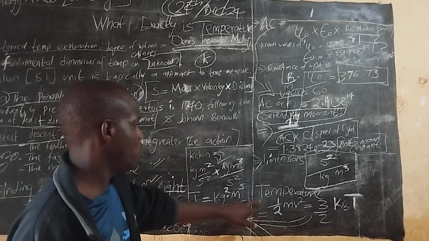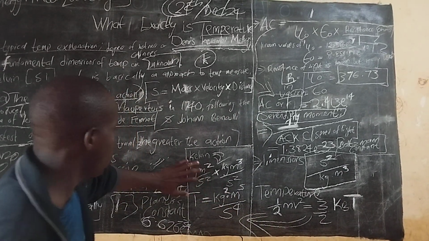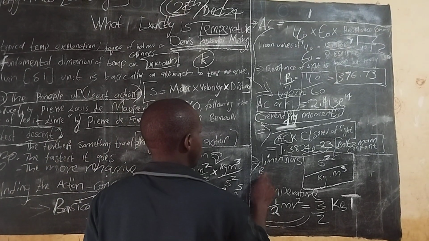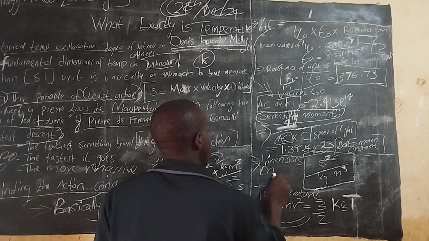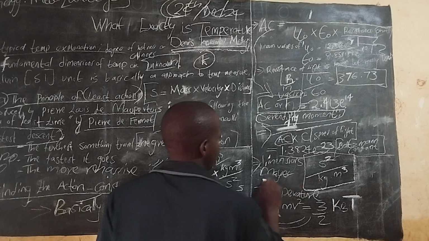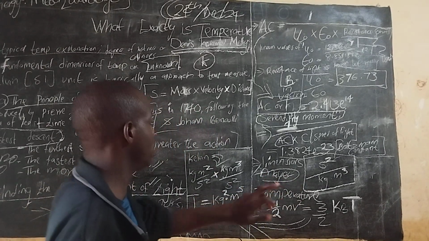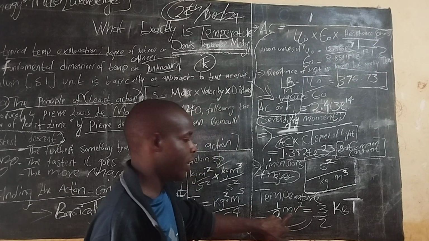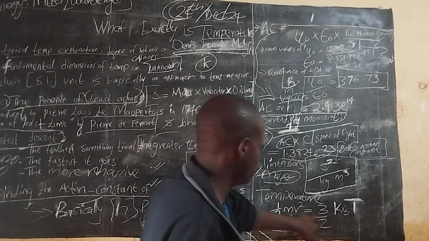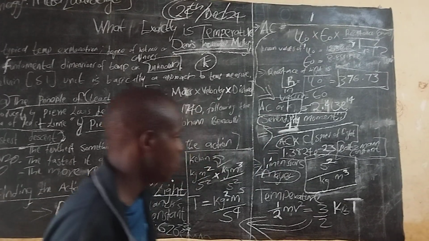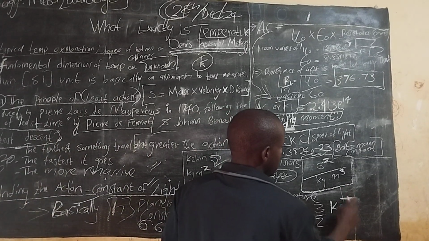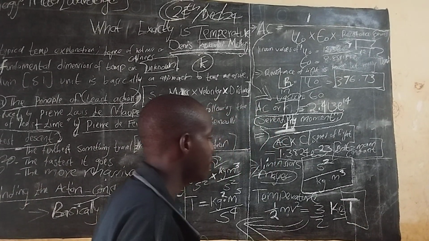Using the Boltzmann law, the kinetic energy of an element is equal to 3 over 2 times the Boltzmann constant multiplied by temperature.